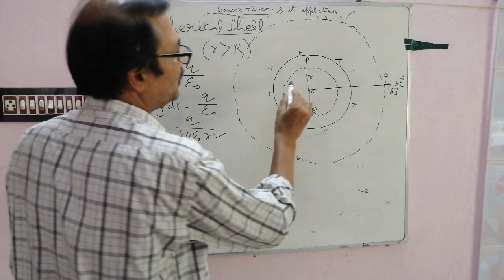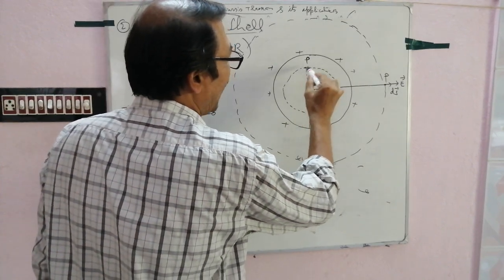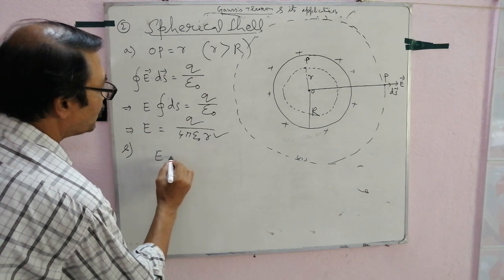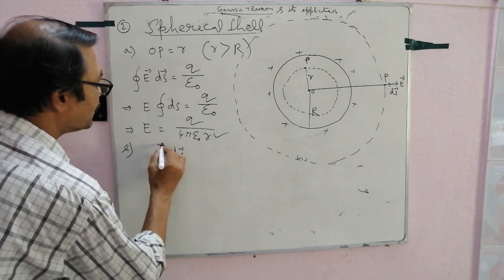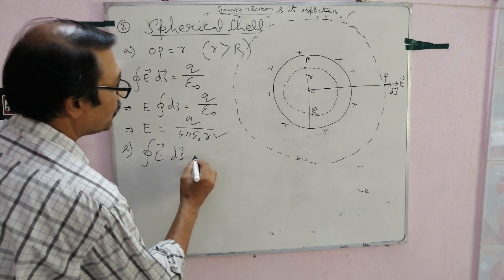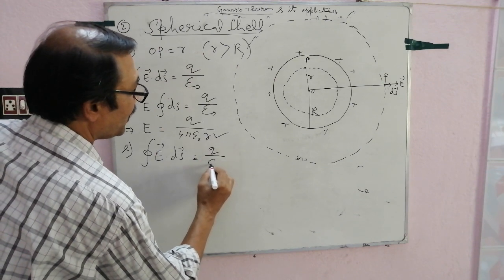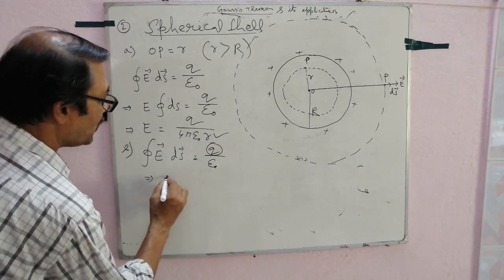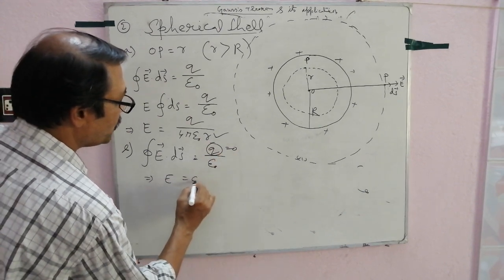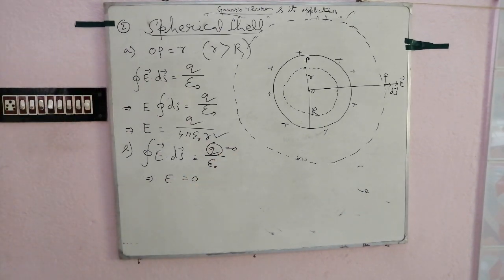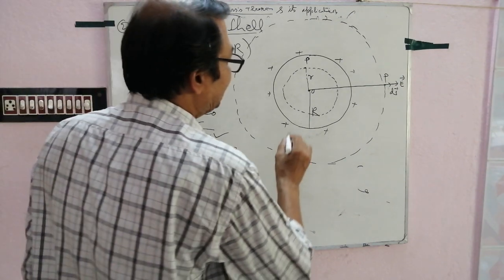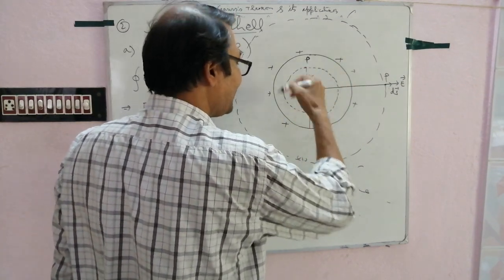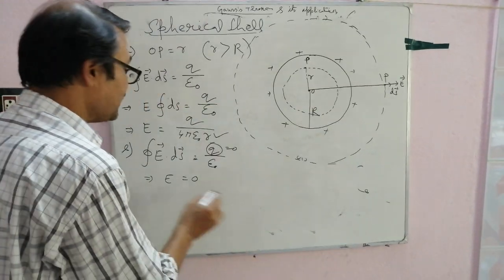Now follow, the total charge is outside the Gaussian surface. So the integral of E dot ds equals q by epsilon naught, where q equals 0. So it equals 0. No field. So the total field from center to surface inside a spherical cell is 0.